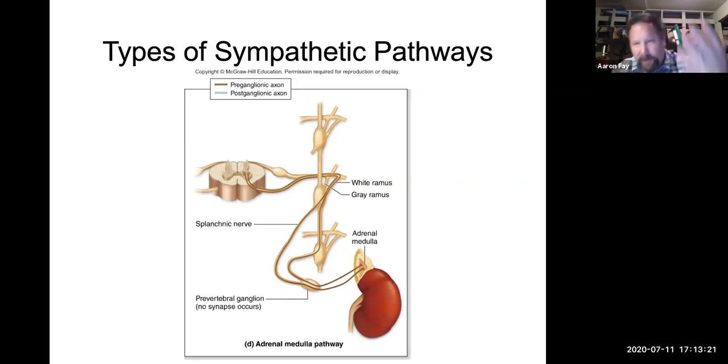So this one's also unusual because now we have a one neuronal pathway, whereas everywhere else in the ANS we had two, but this one's special. We have a hard wire between our central nervous system and our adrenal gland, which makes sense. Fewer synapses, faster response. You want to have an acute stress response happen as quickly as possible.